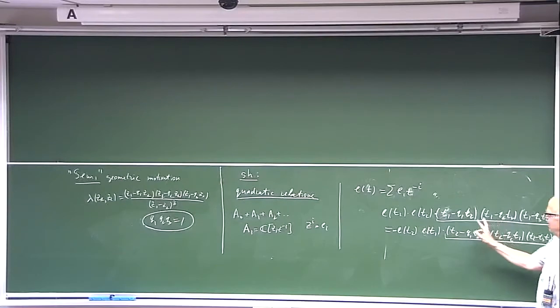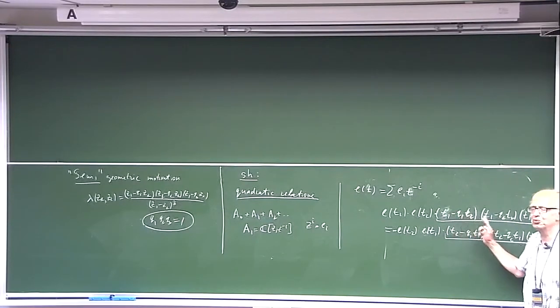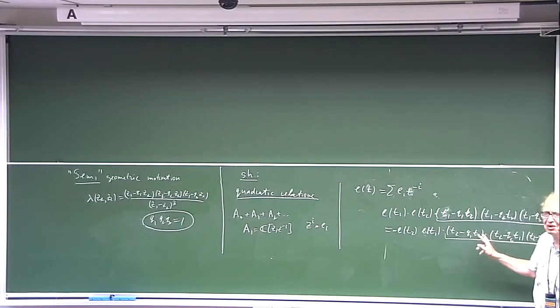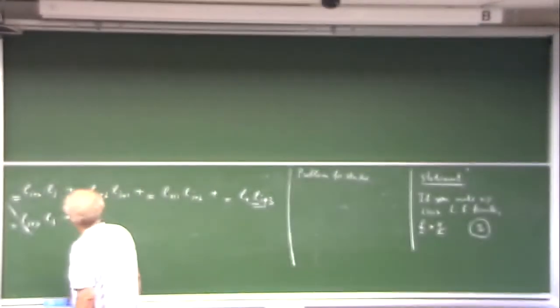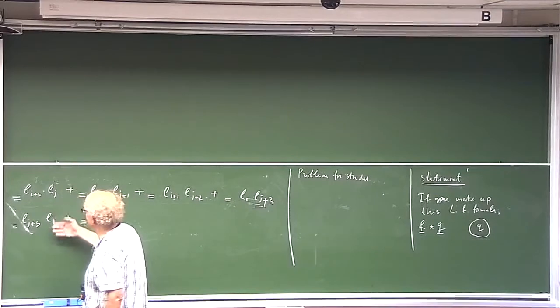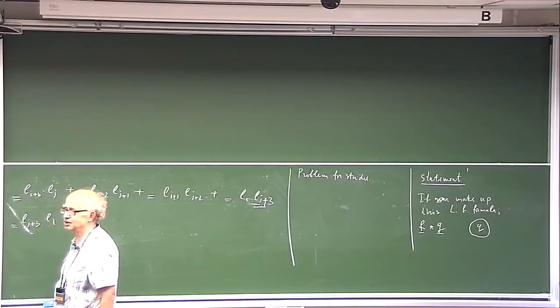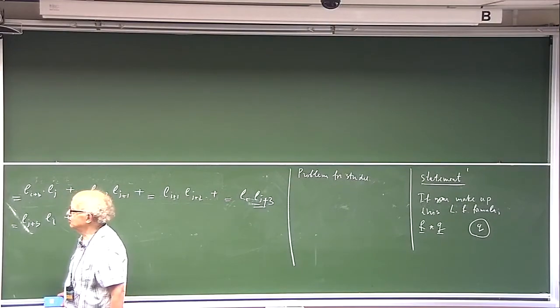A mistake can be in a place where I may have swapped T1 and T2, so check it. It is correct up to this. And second, the structure of the quadratic relation is just this.